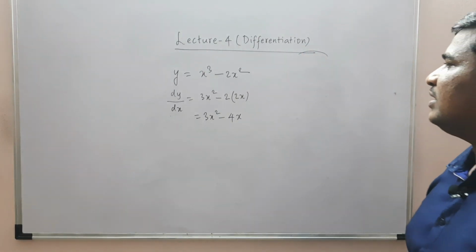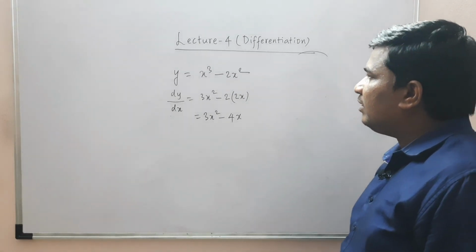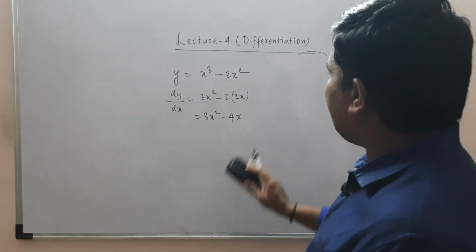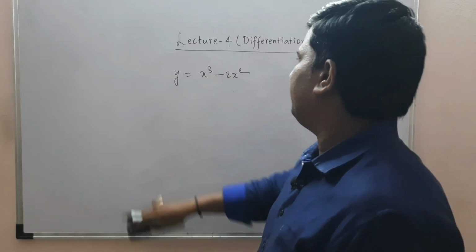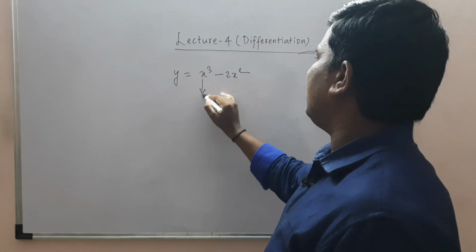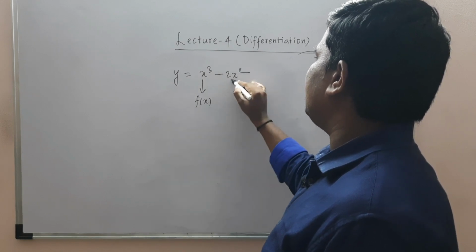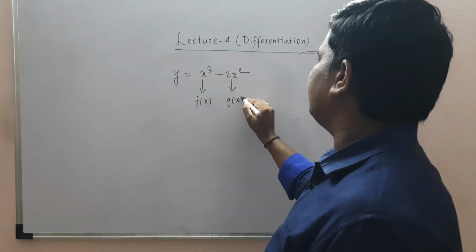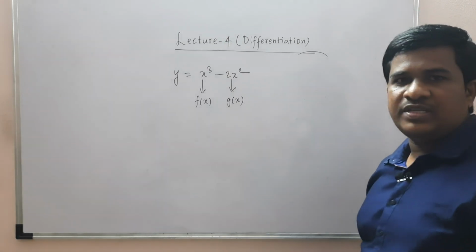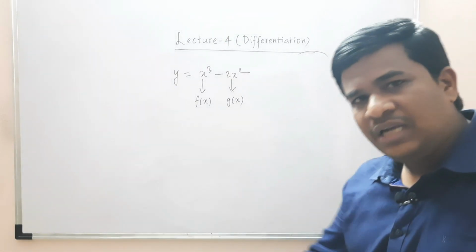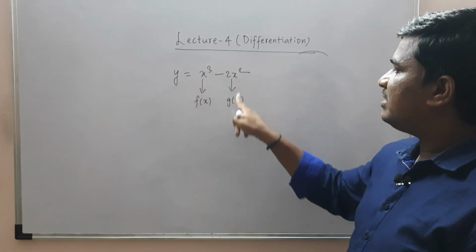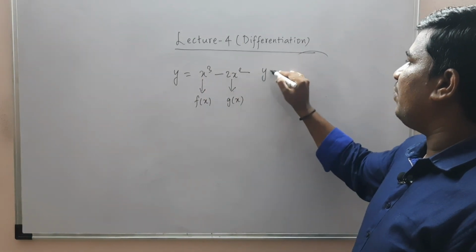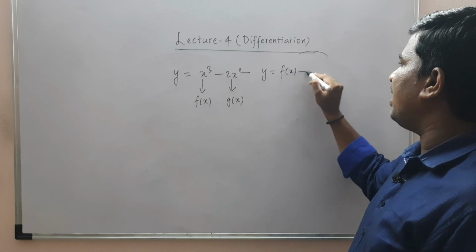Clear? So here let me consider this function as f of x, this function as g of x. So both are functions in x. So now our y turns into f of x minus g of x.